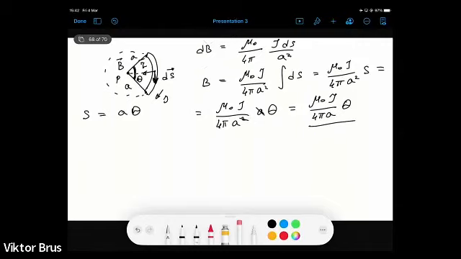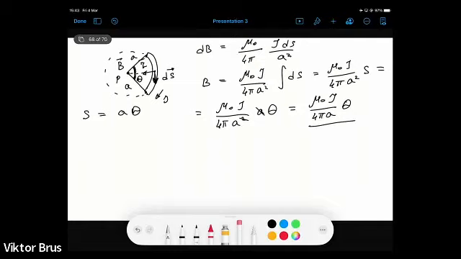But it also will be perpendicular to the basis defined by vectors ds vector and r unit vector. It will also be oriented perpendicular to the plane of our drawing.